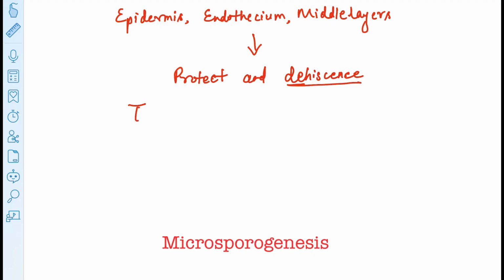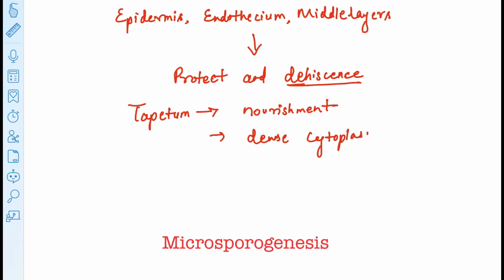And the fourth one, tapetum, its function is to nourish the growing pollen grain, and their cells have dense cytoplasm.